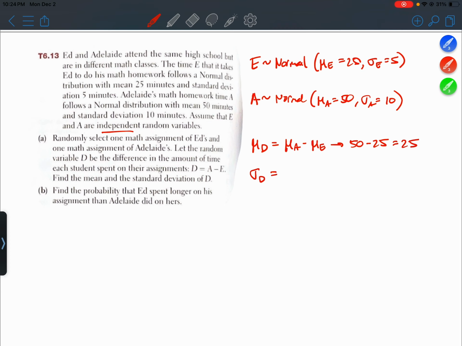Students will think, well, if I subtracted the means in the last calculation, then maybe I should subtract the standard deviations, so standard deviation A minus standard deviation E. Now, that doesn't work because sometimes you might get a negative value. Like if A had a smaller standard deviation than E, which is not the case in this problem, you'd end up with a negative difference, which doesn't make any sense. Standard deviation can only go as low as 0.